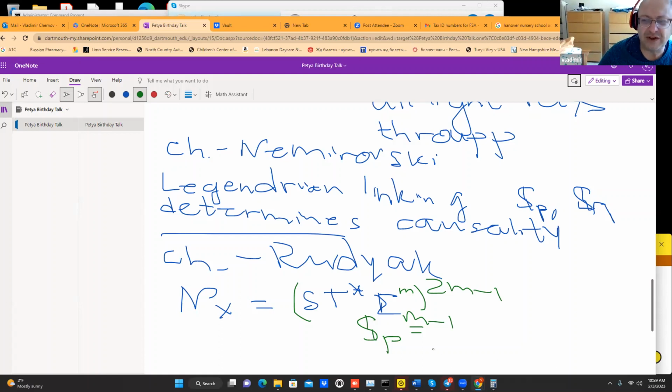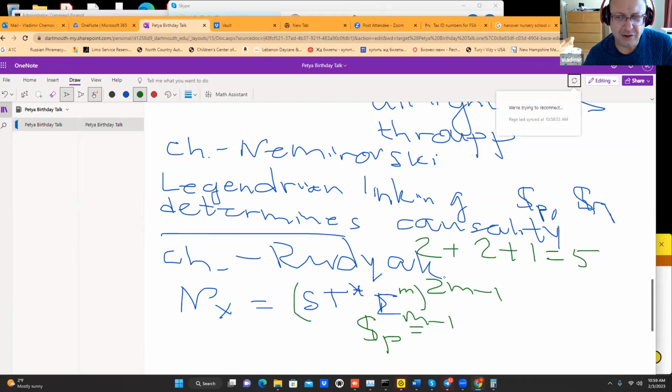So the dimensions are what? The dimensions are that 2 plus 2 plus 1 is equal to 5. This is exactly the dimension where the linking number should be possible to define. In general, what we will get is that m minus 1 plus m minus 1 plus 1 is 2m minus 1.